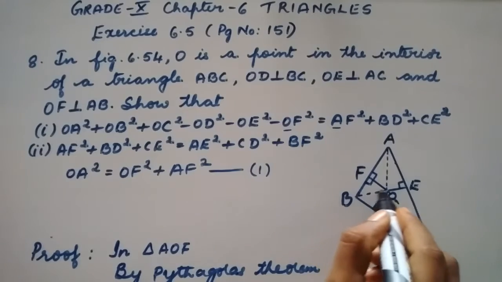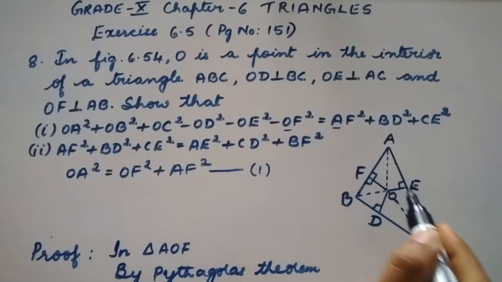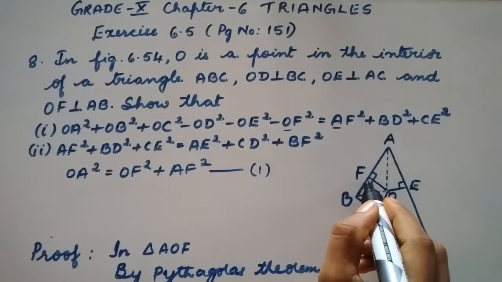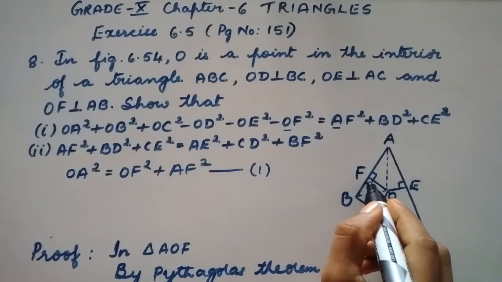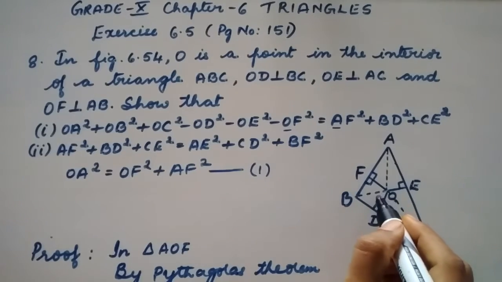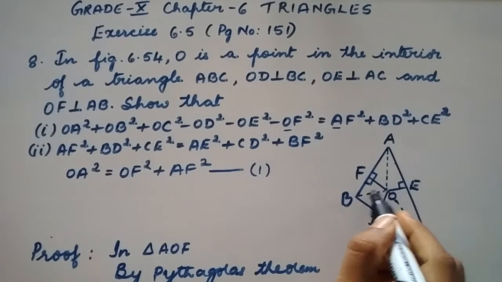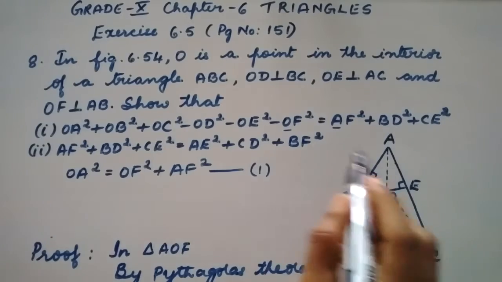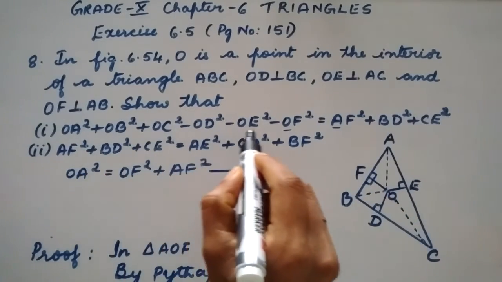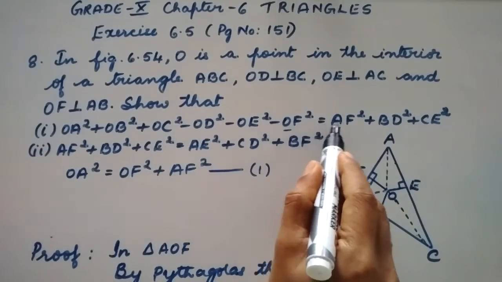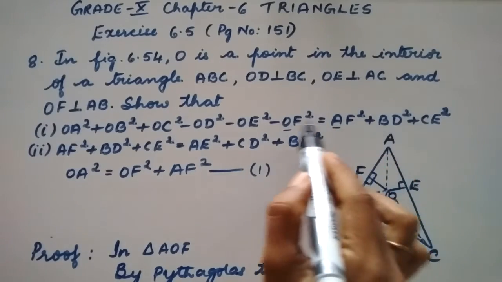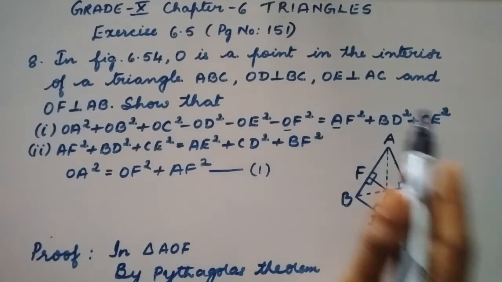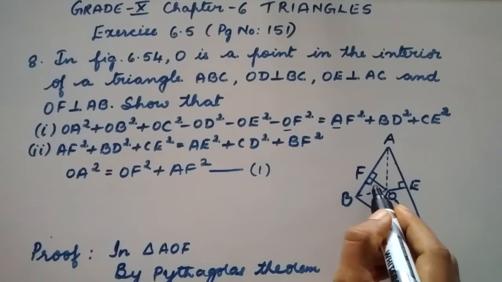So, in triangle BOF, we have angle F is 90 degree, and then the hypotenuse is OB, and the other sides are OF and BF. So we find OF, but we don't find here the side BF. So we cannot consider this triangle.